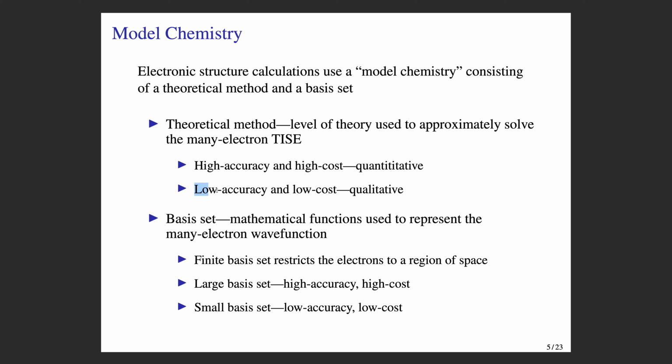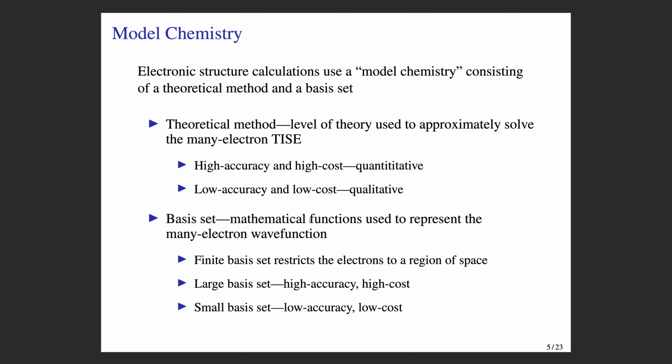Conversely, if you use a low accuracy method with a small basis set or a medium-sized basis set, you're going to wind up with a quick calculation, one that's easy to do in terms of the time it takes, but the results are going to be at best qualitative. Okay, and so, like I was saying earlier, there's always a trade-off. And one of the strategies is to first start with a low accuracy method with a small basis set and then work your way up to a higher accuracy method with the larger basis set.